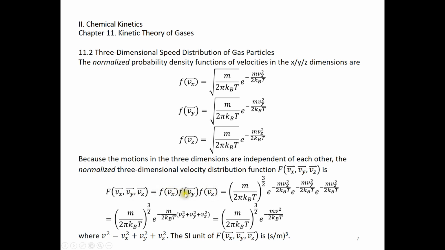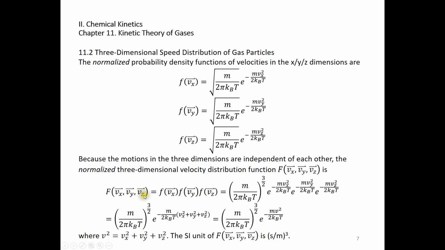For example, if you threw 3 dice, the probability of getting, for example, 1, 1, and 1 is 1 over 6 for the first die, 1 over 6 for the second, 1 over 6 for the third. So you can multiply them together, you get 1 over 216.